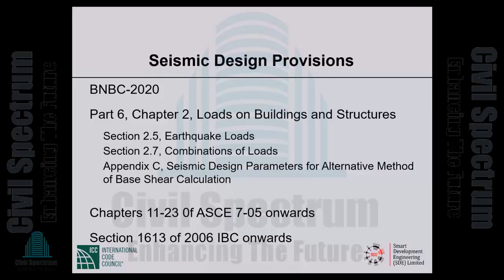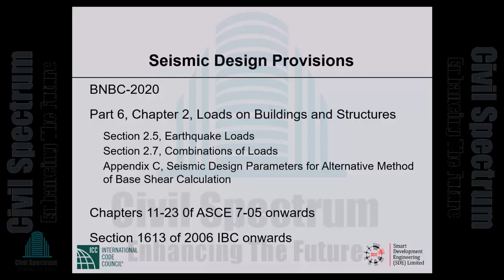We started with load combinations in our module on gravity loads. Appendix C that just came up in discussion is titled Seismic Design Parameters for Alternative Method of Base Shear Calculation. That plays an integral role in the seismic design provisions of BNBC 2020. So when we talk about seismic design provisions, we have to consider all three of those: Section 2.5, Section 2.7, Appendix C.